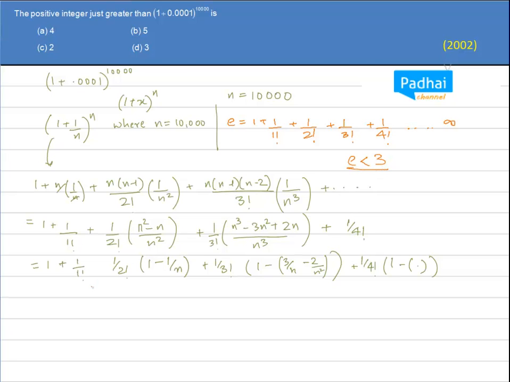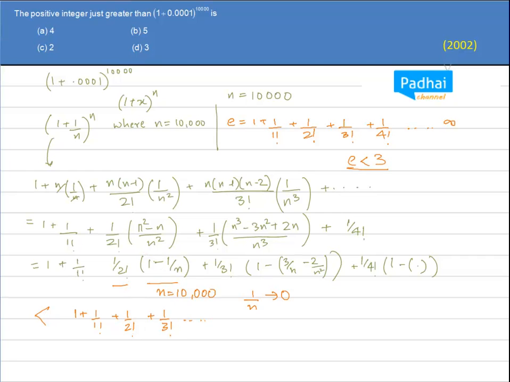If you compare this with our expansion, we have 1 by 2 factorial into (1 minus 1 by n), where n is a very big number, 10,000. So 1 by n will obviously approach 0. So this number will always be less than 1 plus 1 by 1 factorial plus 1 by 2 factorial plus 1 by 3 factorial and so forth. Why?